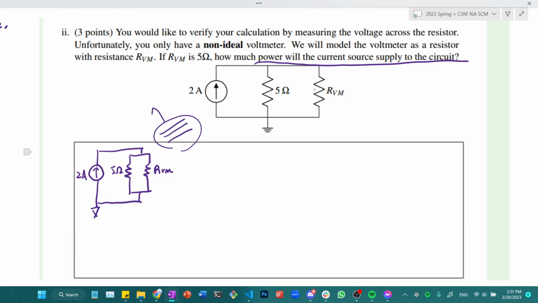This three-bar symbol means congruent, which means the circuit works similarly, or essentially equivalently. So I'm going to simplify the problem a little more, and I'm going to put the parallel resistors as just one resistor.